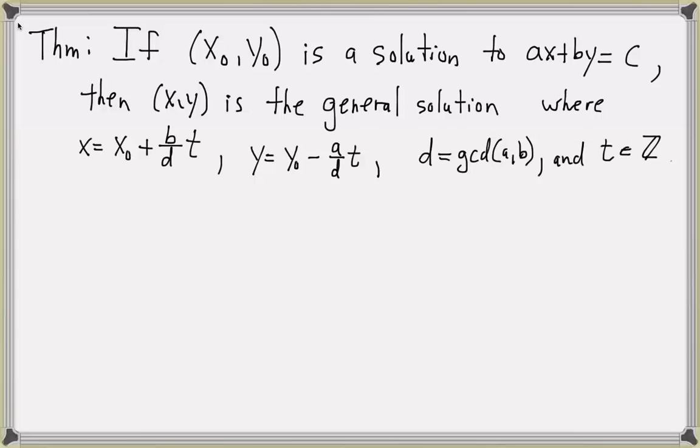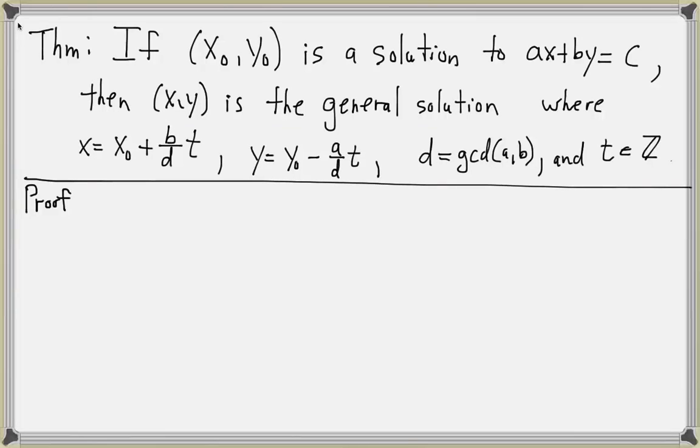So let's see the proof of this theorem. Suppose ax0 plus by0 equals c. In other words, suppose that x0, y0 is a solution. Let's plug in this general solution.